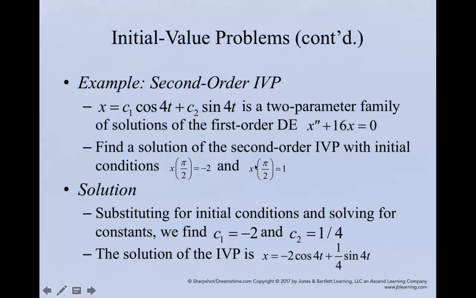And notice that the initial condition is specified at the point pi over 2. So if we take that point pi over 2 and substitute it in for x and for the first derivative, you would go back to your original solution that has x equal to this sine and cosine function, and you plug in pi over 2 for t, and then x would be minus 2.